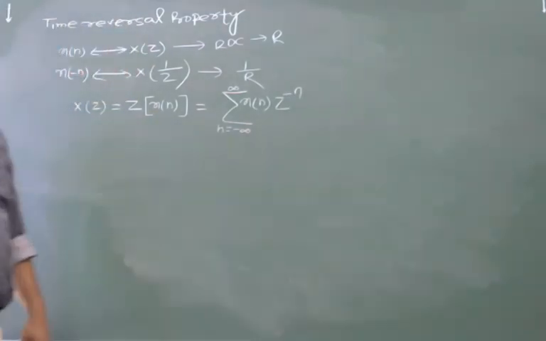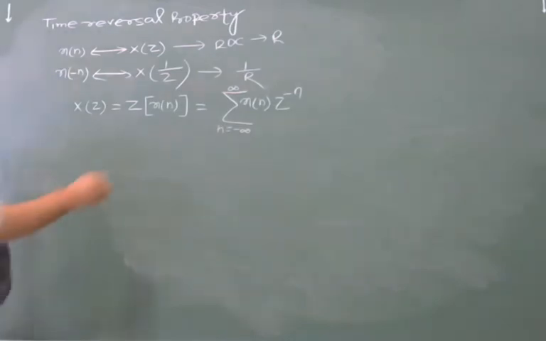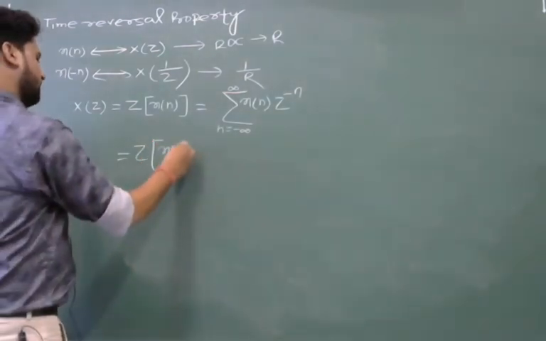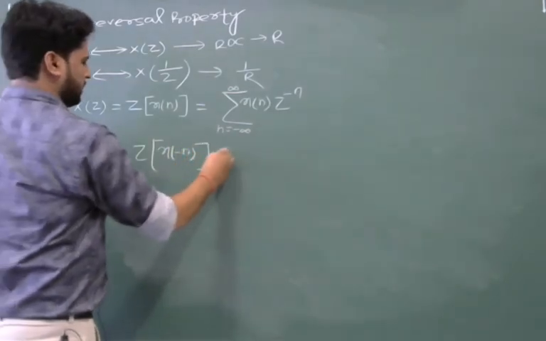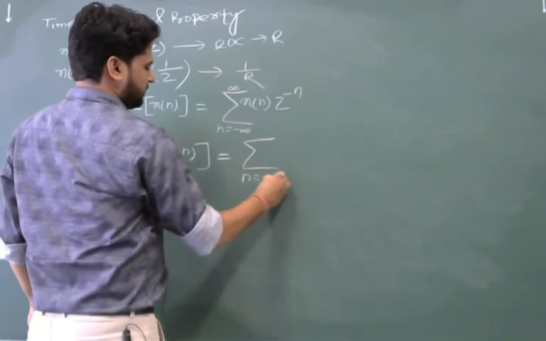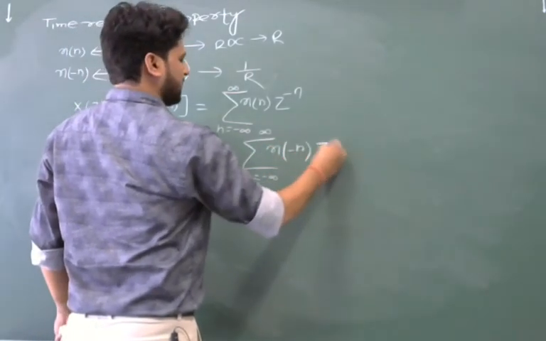Now if we replace this x of n with x of minus n, then the z transform of x of minus n will be equal to sigma n from minus infinite to plus infinite x of minus n z power minus n.